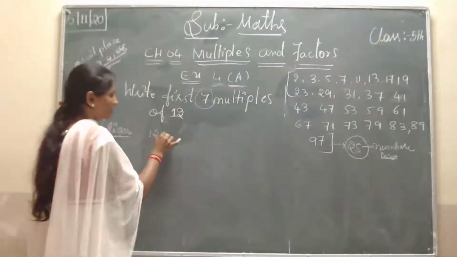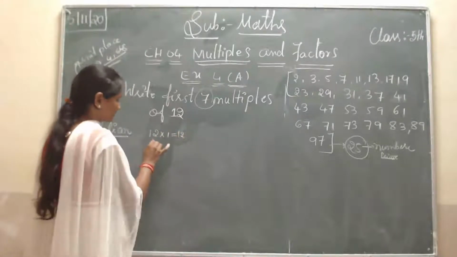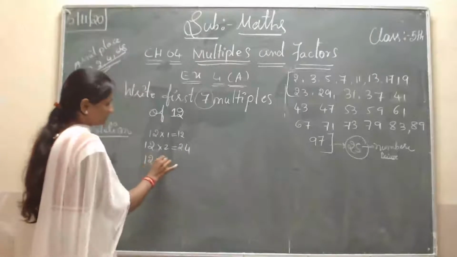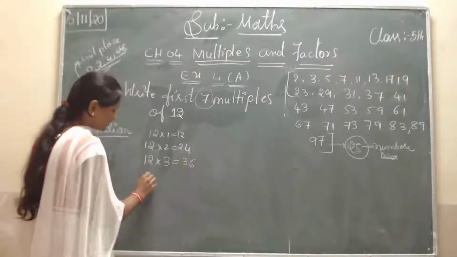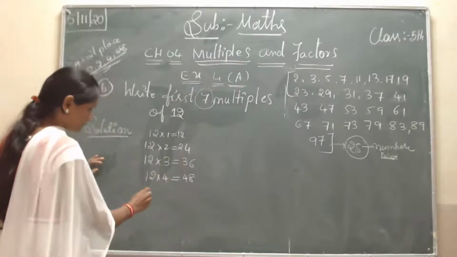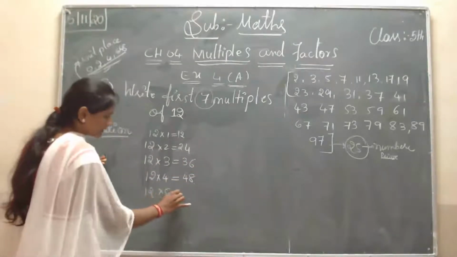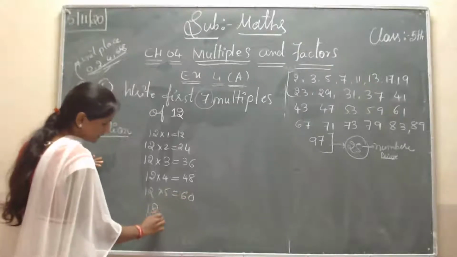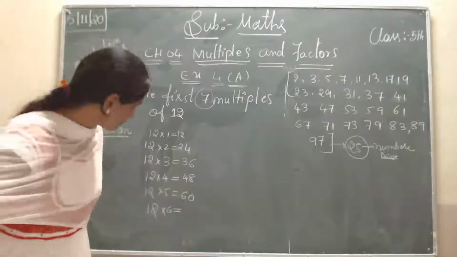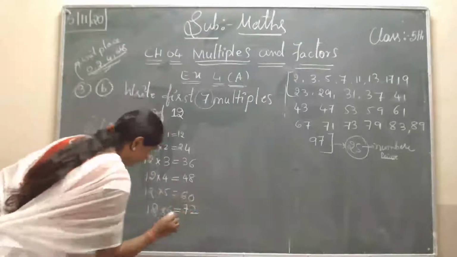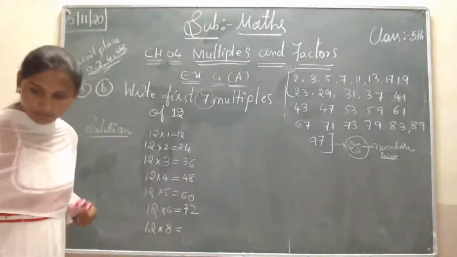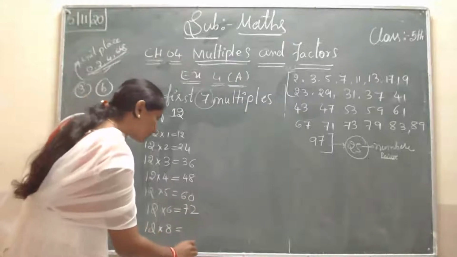Because you have to write the 12 ones: 12. 12 twos, 24. 12 threes, 36. 12 fours, 48. 12 fives, 60. 12 sixes, 72. Then 84.